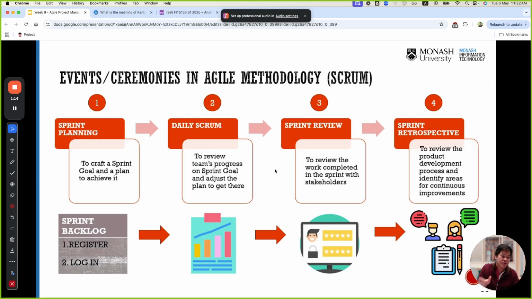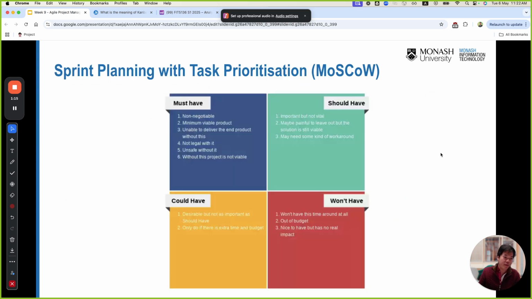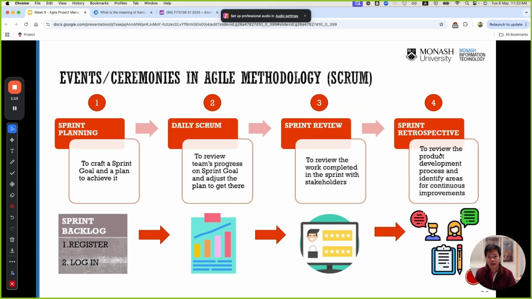Then you conduct the sprint review to review the work completed in the sprint with the stakeholders. And the sprint retro, then you review the product development process. In the sprint retro, you really want to focus on the process: what went well in the past, how can we improve it in the future. That's all about the Agile ceremonies. Is it clear to everyone?